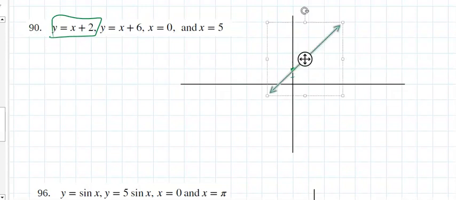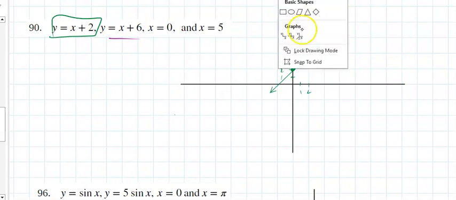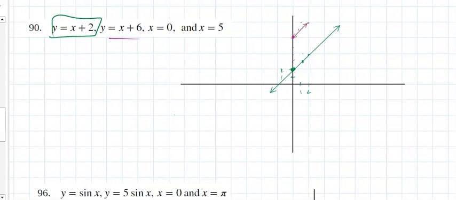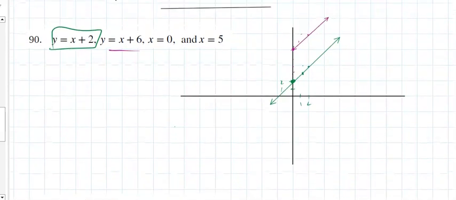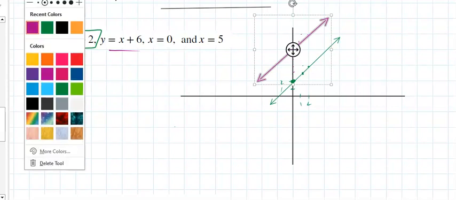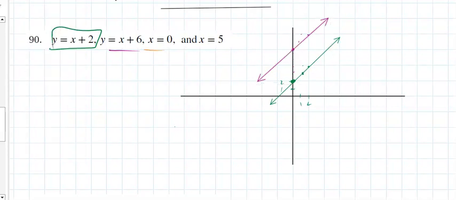Okay, so assuming that's 1, 2, 1, 2. And if I take this, which starts at 6, 2, 3, 4, 5, 6, rise 1, run 1, rise 1, run 1. There it is. We're going to take those and cut them off at x equals 0 and x equals 5.